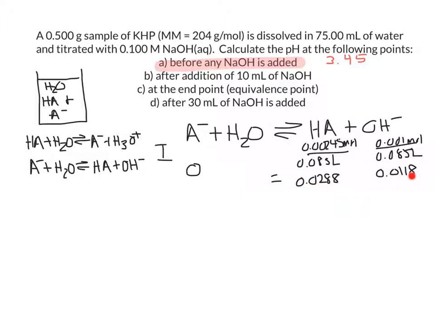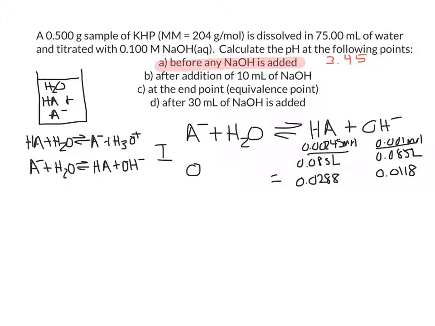And right now, I'm starting with all products and no reactants. And so I'm in that situation where I'm not going to be able to ignore X unless I do a limiting reagent problem first to form reactants and then come to equilibrium from the reactant side because I have a small K. So let's start by calculating our K value for this reaction.